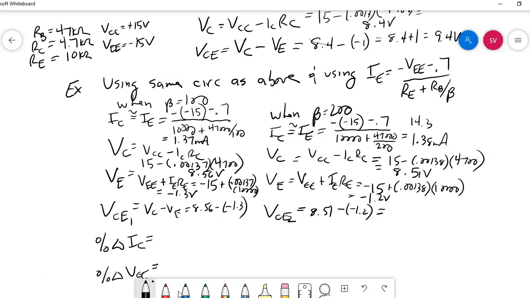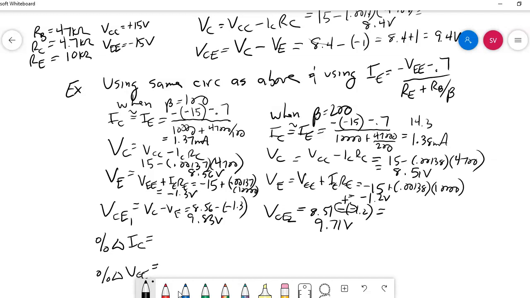And we should end up with the VCE over here. These two minuses become a positive, so it's 8.56 plus 1.3, which should give you 9.83 volts. And then when we do the same thing over here, we should end up getting about 9.71 volts, because these two minuses right here will become a positive. 8.51 plus 1.2 should give you 9.71 volts.